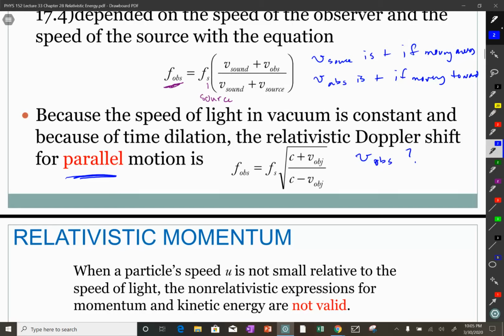But we have c plus the speed of the object divided by c minus the speed of the object. If the object is moving toward us, then it's going to be shifted to a higher frequency. So the object is positive if approaching.